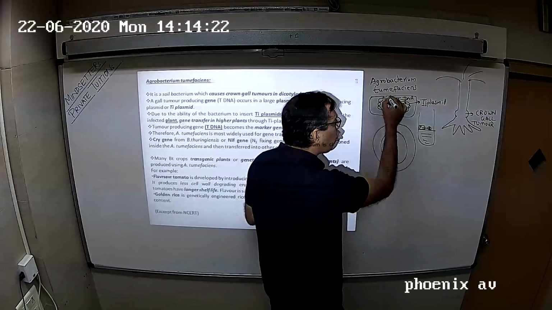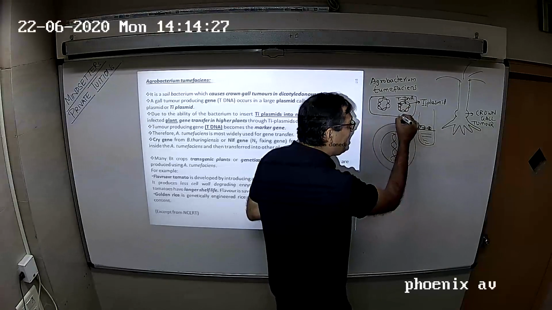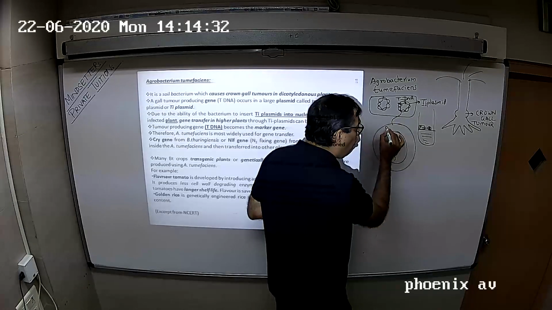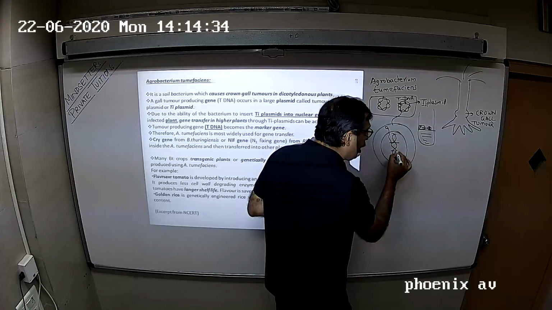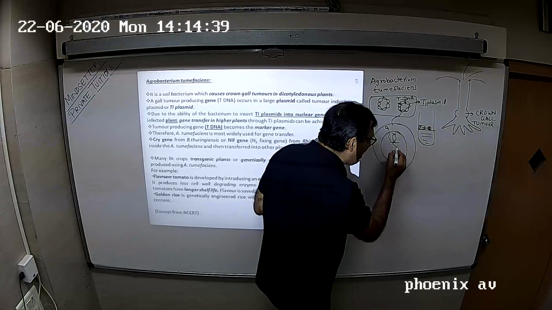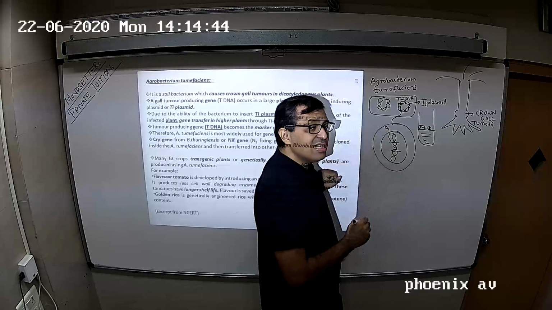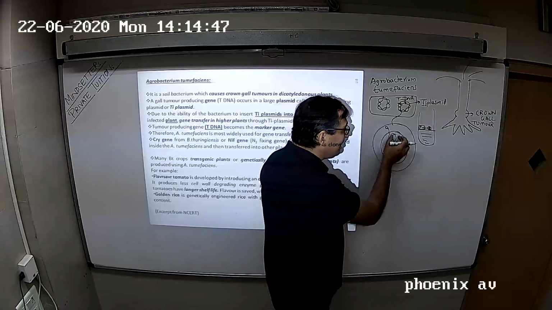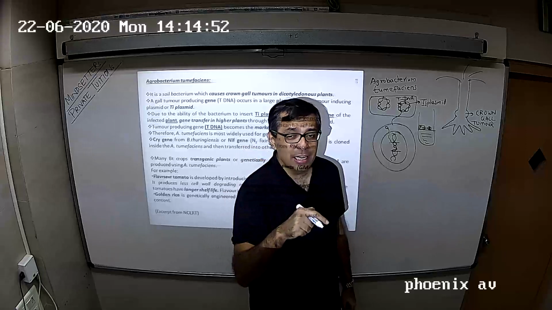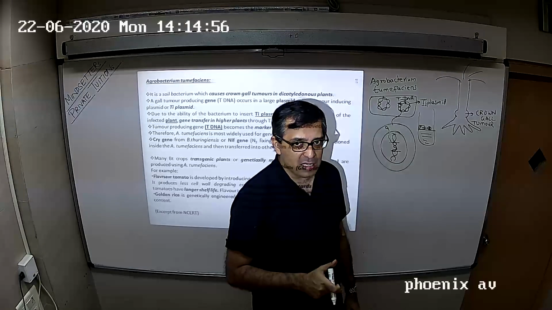The Agrobacterium tumefaciens has the ability कि ये tDNA को और Ti plasmid को प्लांट जीनोम के अंदर इंट्रोड्यूस कर सकता है. So it will introduce the Ti plasmid into the genome of the plant cell. तो plant cell के अंदर what has been introduced in it? Agrobacterium tumefaciens has introduced the Ti plasmid into the genome of the plant cell.